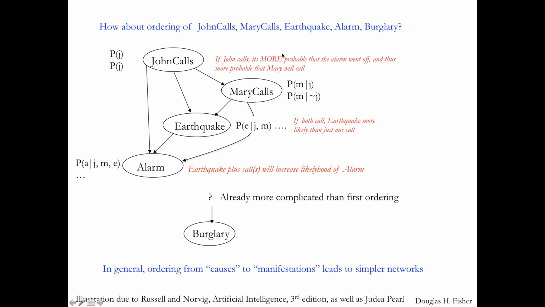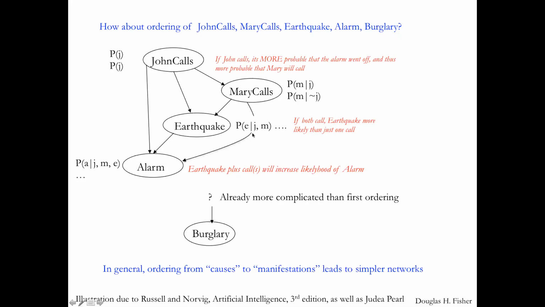The next variable we might consider is earthquake. In this case, earthquake, in thinking about this domain, is potentially a more likely reason for both John and Mary calling. And so in thinking about how John alone might call, Mary alone might call, each of those calls is going to add additional evidence that something has gone wrong.